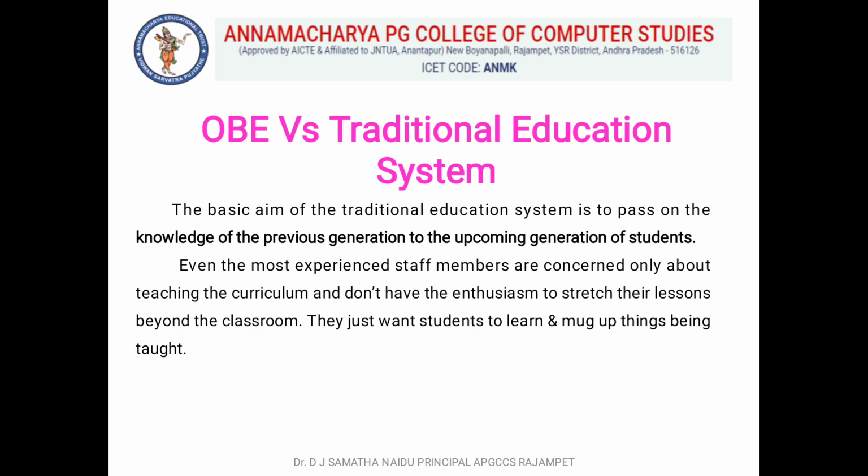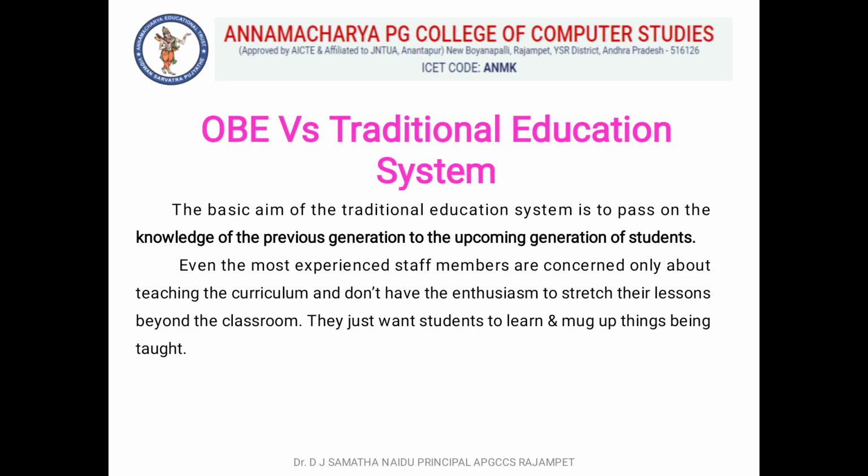OBE versus the traditional education system. The basic aim of the traditional education system is to pass on the knowledge of the previous generation to the upcoming generations of students, and even the most experienced staff members are concerned only about teaching the curriculum and don't have the enthusiasm to stretch their lessons beyond the classrooms.